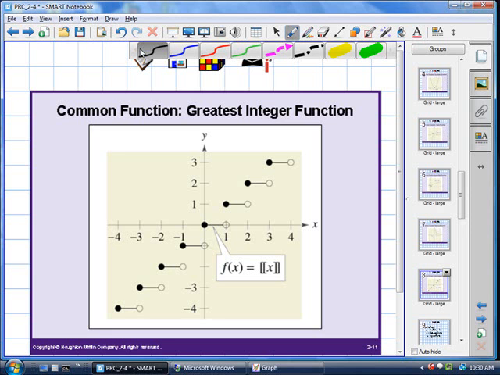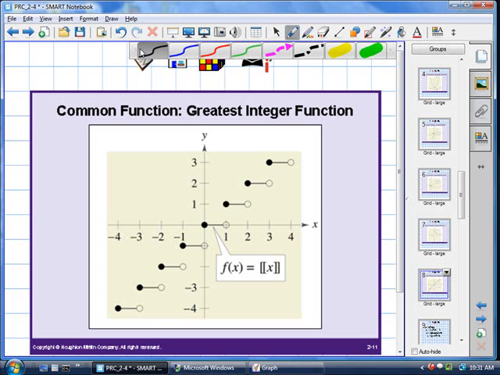Okay, now why is it always solid on the left and open on the right? Because as soon as you get to the next integer, it's always going to hop up, and that's going to be the beginning point. So please note that these little stairs always have a solid dot on the left and an open dot on the right. Is this a function?